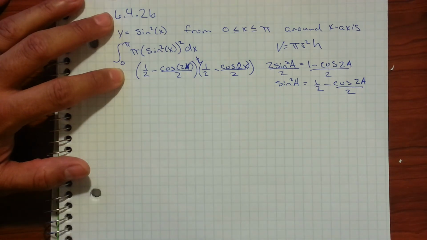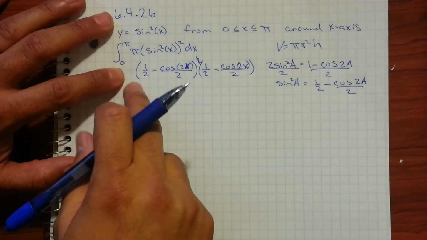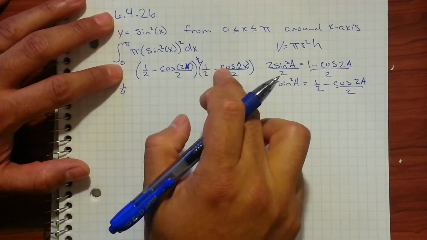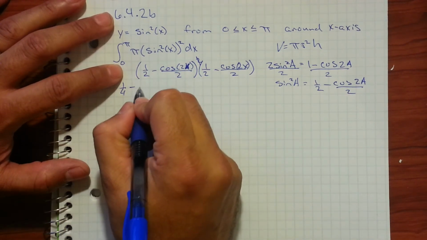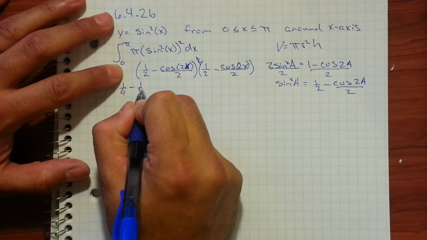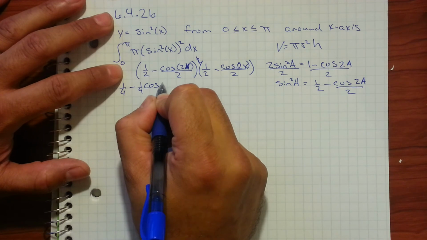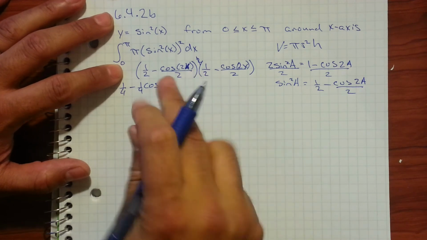Okay, so now from here I need to go ahead and do my distribution. So 1/2 times 1/2 is 1/4. 1/2 times this is going to give me negative 1/4 cosine of 2x.